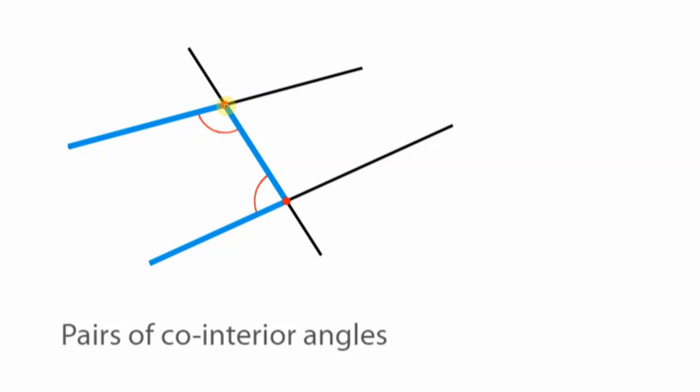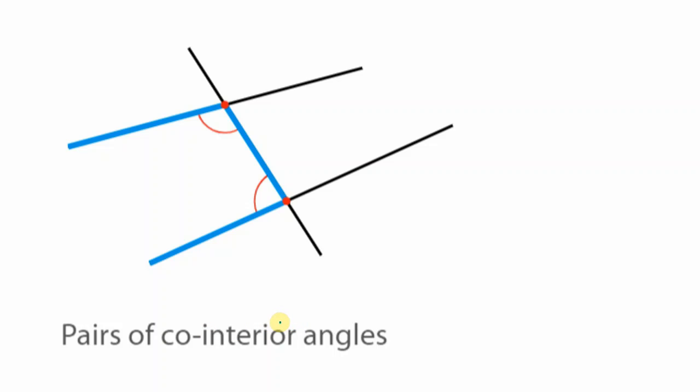And they are also on the same side of the transversal, in this case to the left. So inside the lines that form the transversal, both also to the left of the transversal in this particular case, co-interior angles. This is what we refer to as the U shape. So you identify U shapes to find co-interior angles.